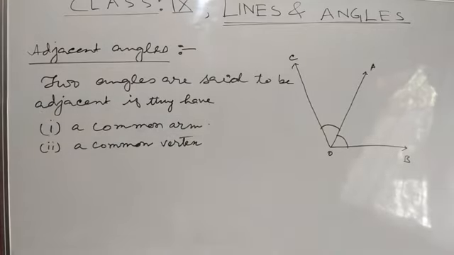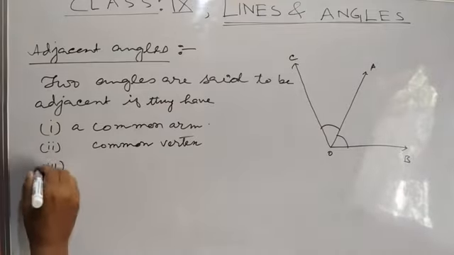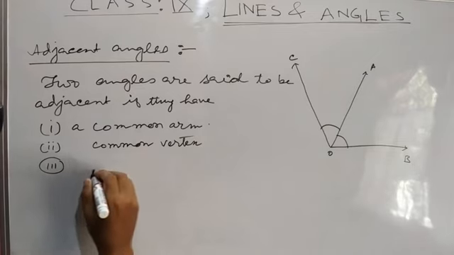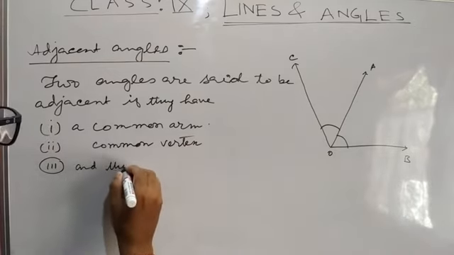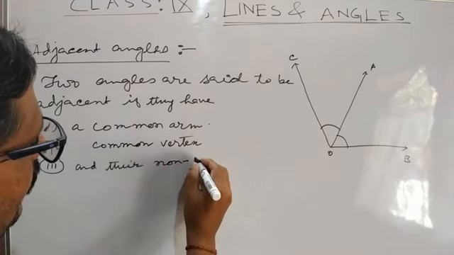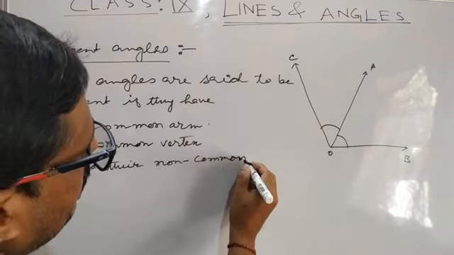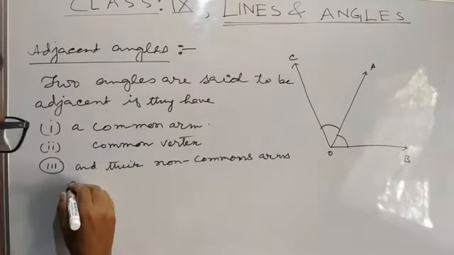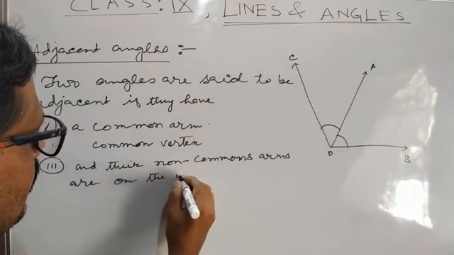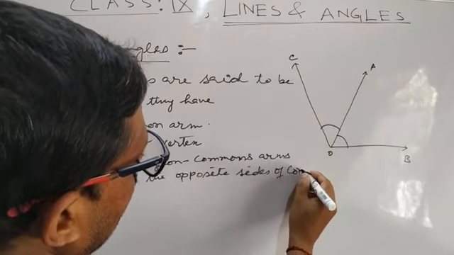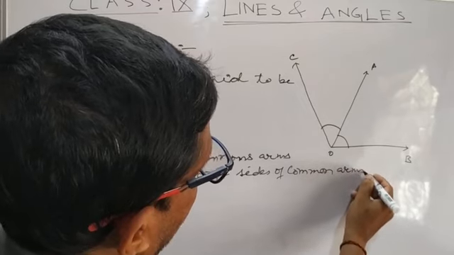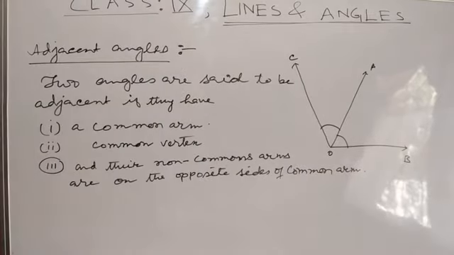Number three, their non-common arms are on the opposite sides of the common arm.